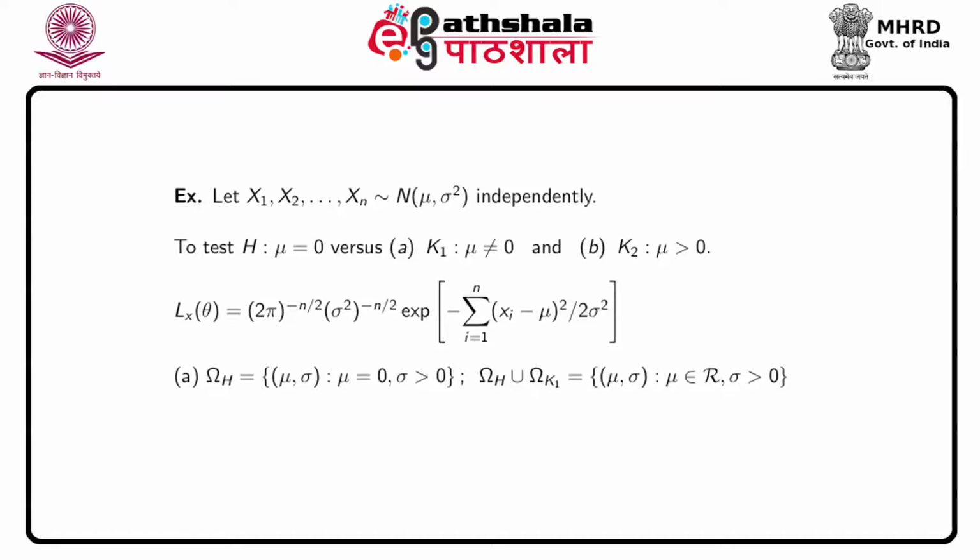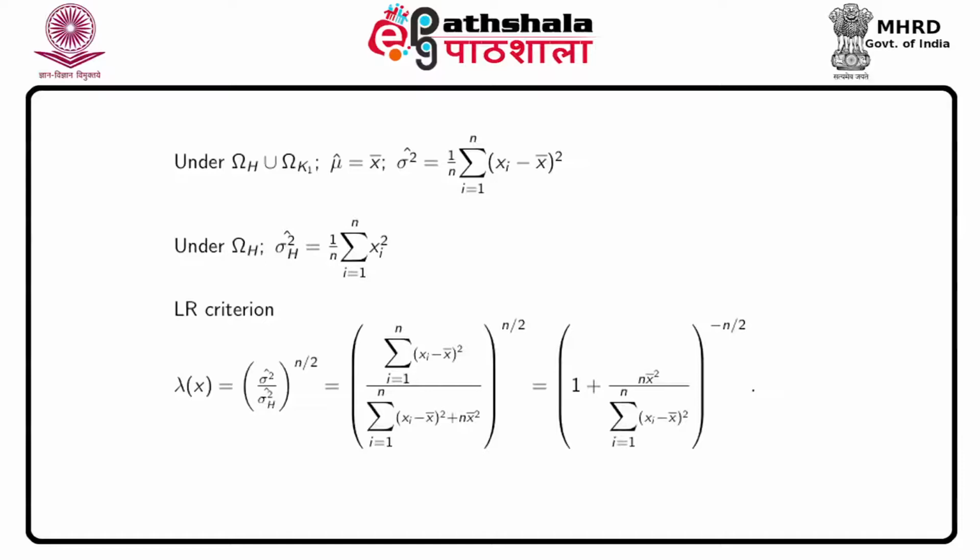Now in the first testing problem H versus K1, the parameter space omega h equals the set of all (mu, sigma) such that mu equal to 0, sigma greater than 0, and omega h union omega k1 equals the set of all (mu, sigma) such that mu is real valued and sigma is positive.